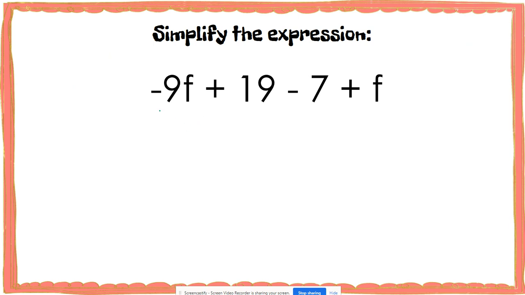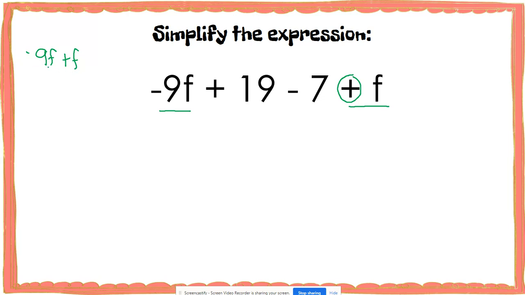This expression says negative 9f plus 19 minus 7 plus f. I'm going to find like terms, so I'm starting with negative 9f. I notice that I have an f over here, which means these are like terms. To combine them, I'm going to look in front of this f. I see that it's a positive f, but this also means negative 9f plus f.